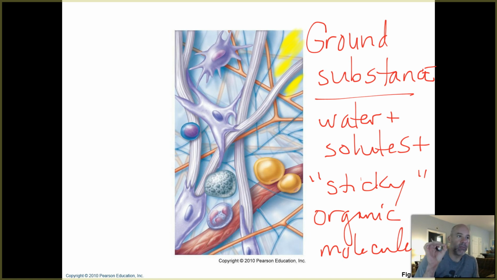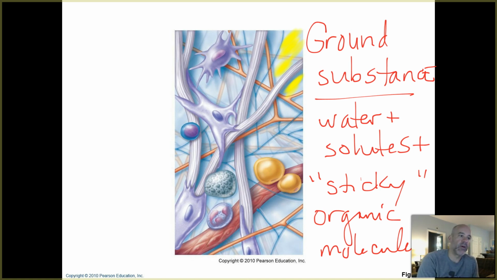But there are lots of solutes in there: oxygen gas, carbon dioxide waste that's being taken away, other wastes from the cells, amino acids, some types of proteins. You have special organic molecules that are protein-sugar combinations that help hold water in the tissue and help glue the components together.